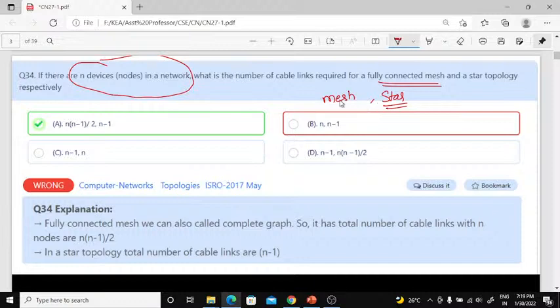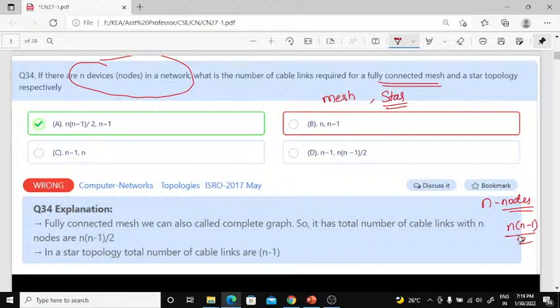With n nodes in a network, the total number of cable links is n into n minus 1 by 2.